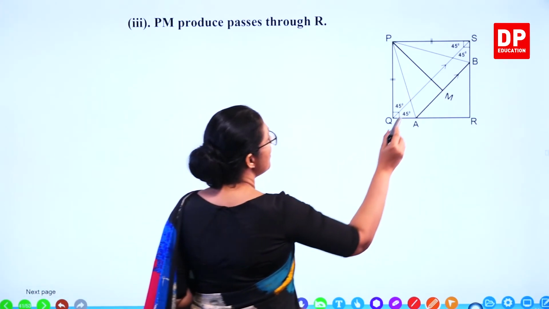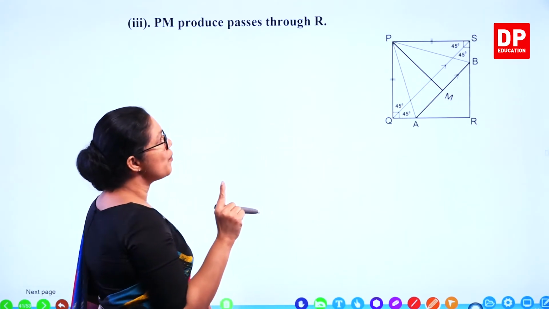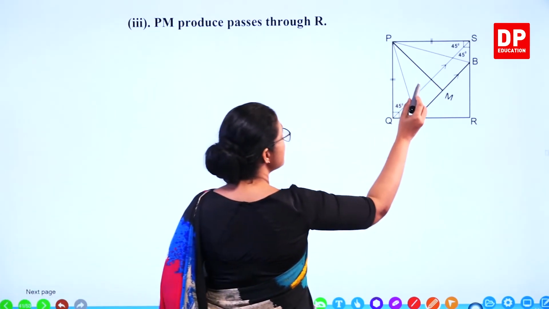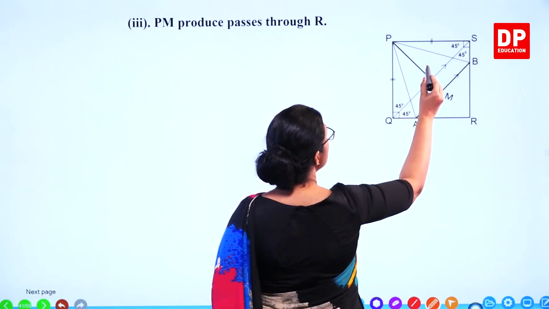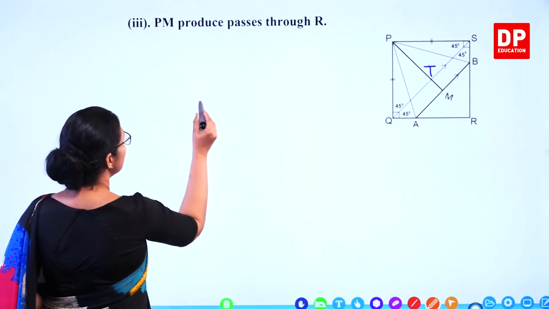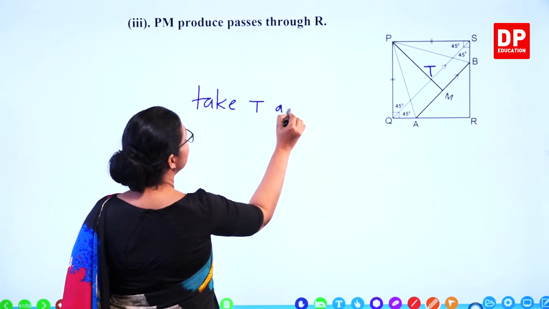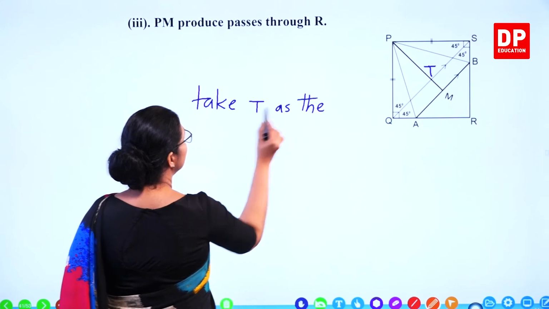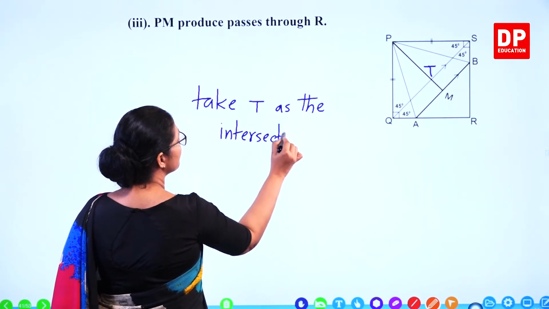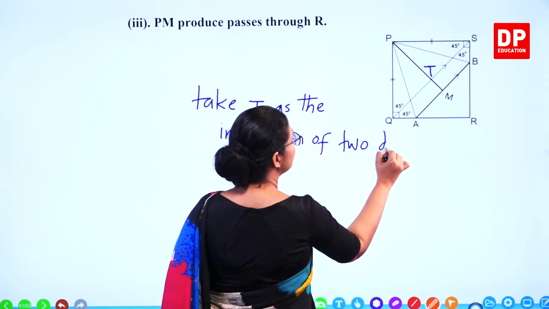Now here PM is the bisector, angle bisector of QPS. And we'll take the intersecting point of the two diagonals is T. Take T as the intersection of two diagonals.